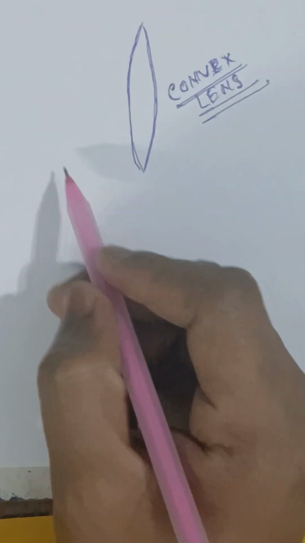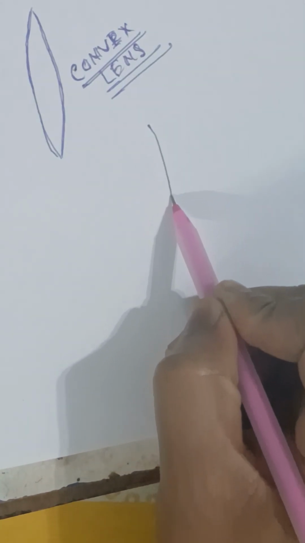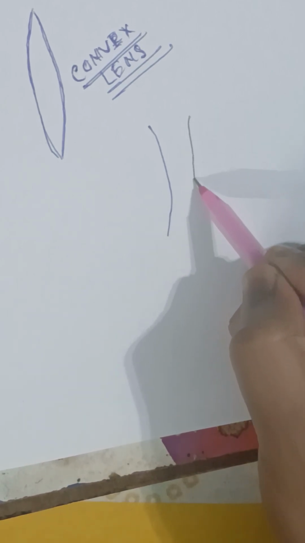this is the diagram, or representation, for concave lens. So this is the diagram for concave lens.